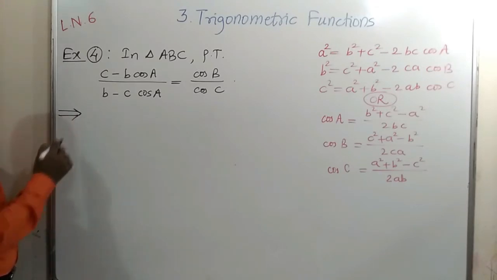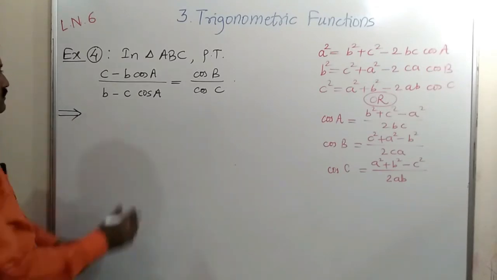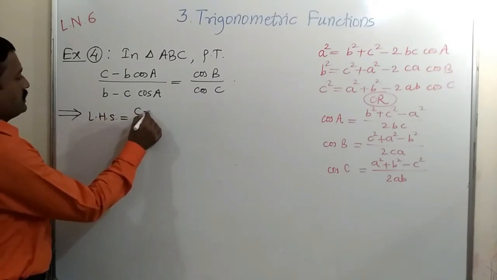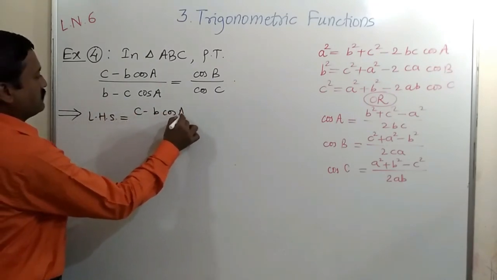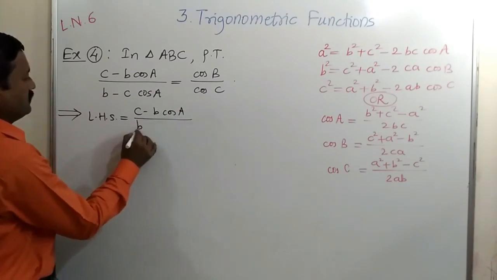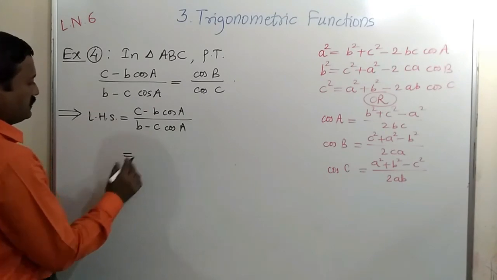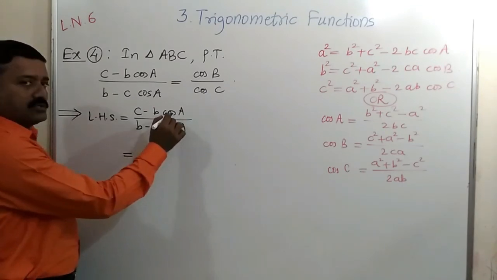Let us see the proof of this. We will start with LHS of this. So LHS is equal to C minus B cos A upon B minus C cos A. Now use here cosine rule.